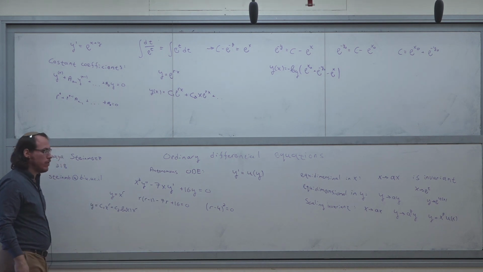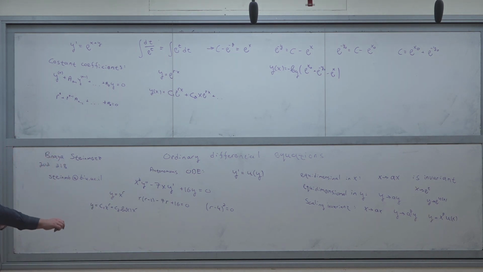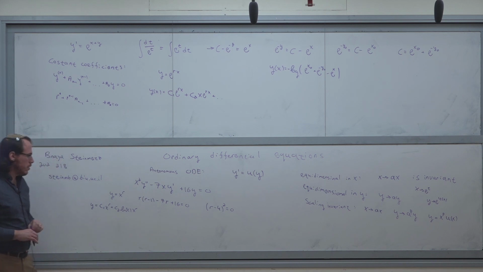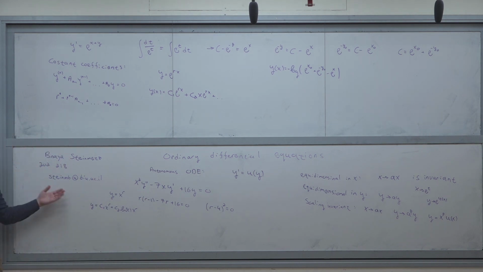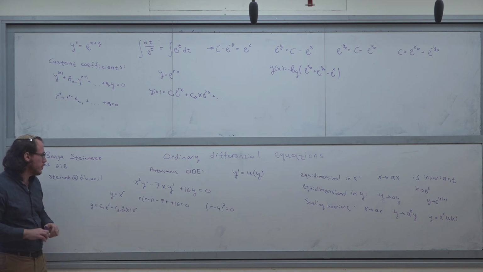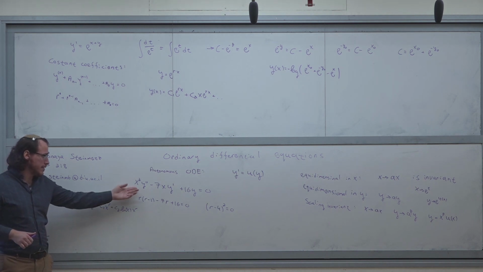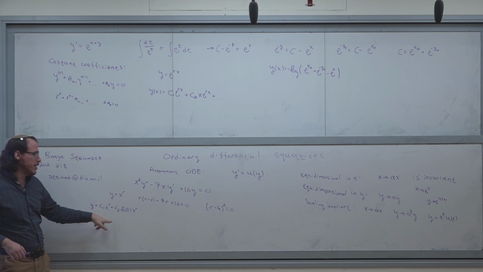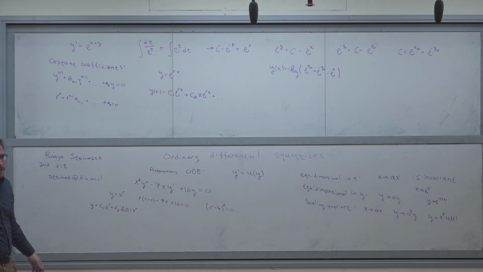This is our only way to generalize it. And then of course we need to use the initial conditions to determine those constants. And since this is a second order equation, we obviously need two conditions in order to get two constants. Any other questions?